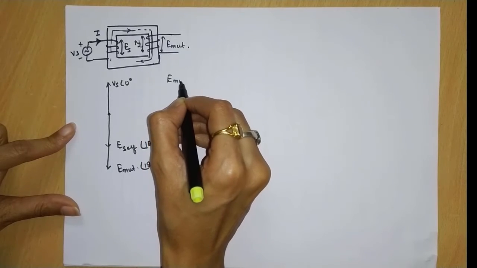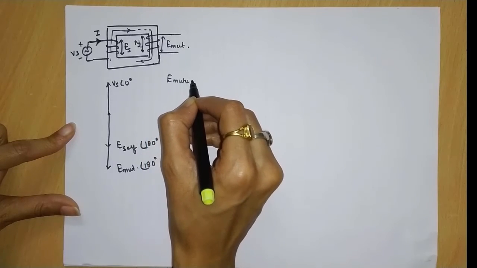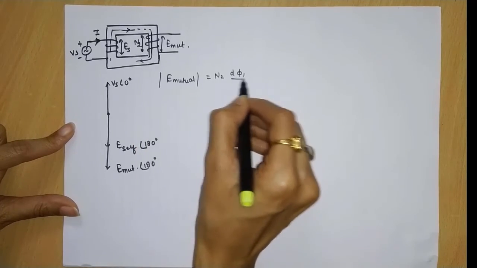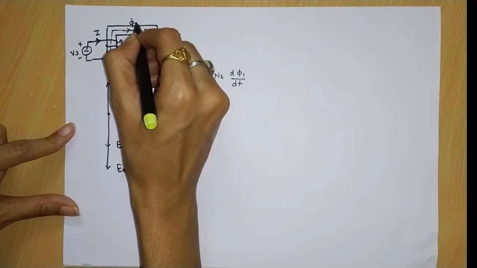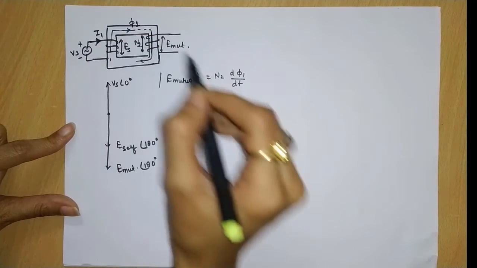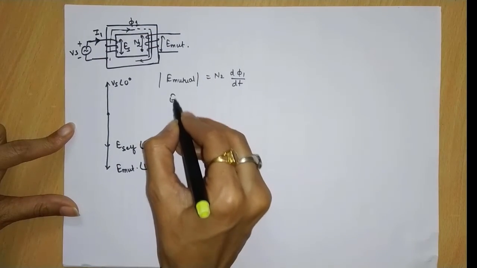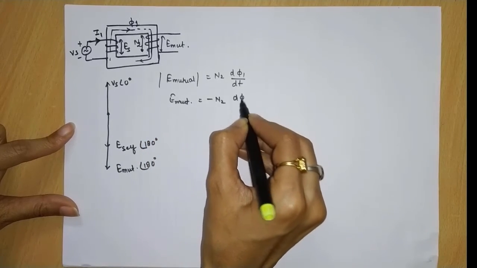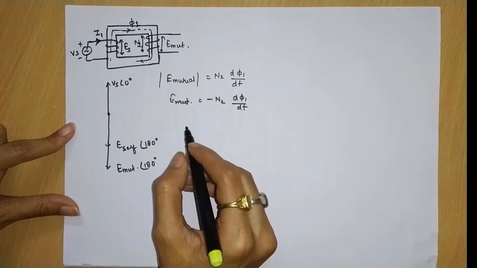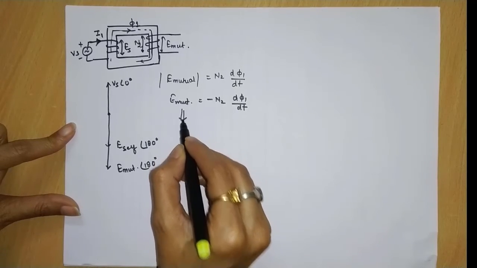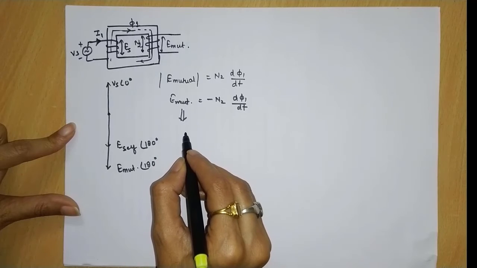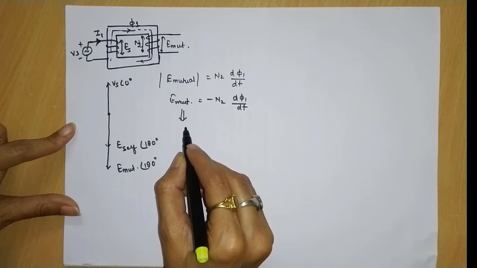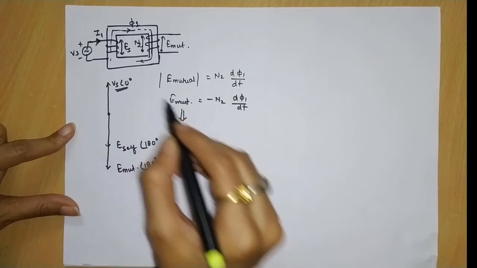We can write mutually induced EMF as N2 dφ1 by dt. This is the flux due to the current in the primary winding. In phasor, we can write this as minus N2 dφ1 by dt. Hence, the mutually and the self-induced EMF are always in phase with each other, and together they oppose the supply voltage.